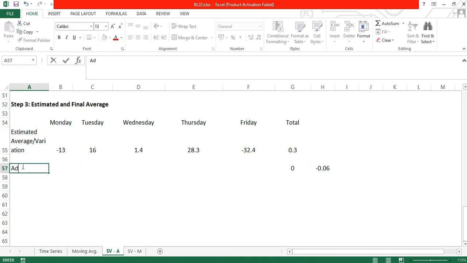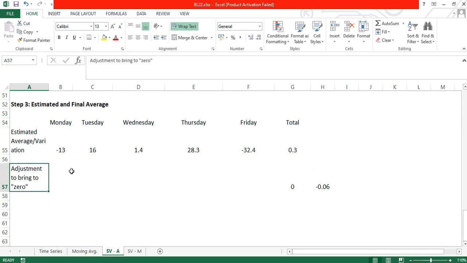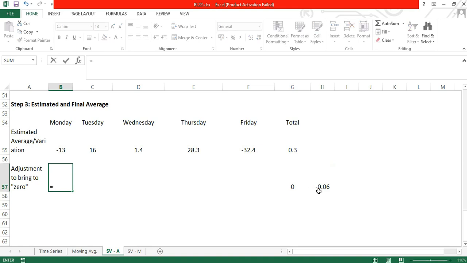Now, this adjustment, you could see this formula over here. So that is the adjustment to bring to 0. So you must reduce your estimated variation by the amount minus 0.06.